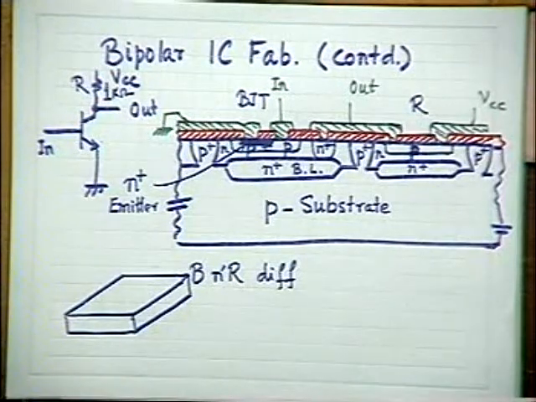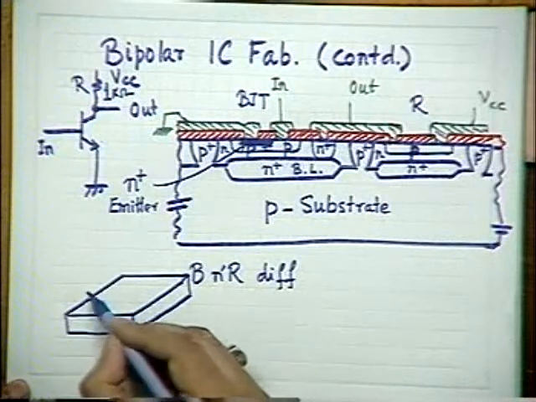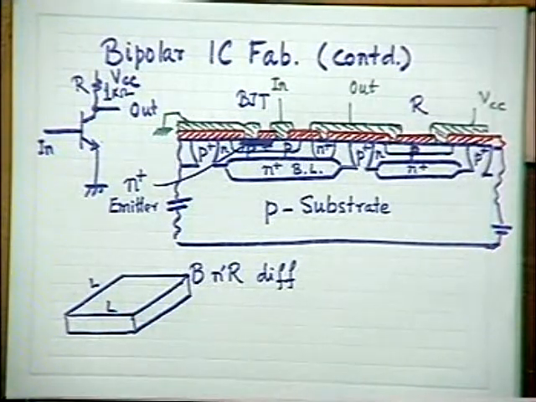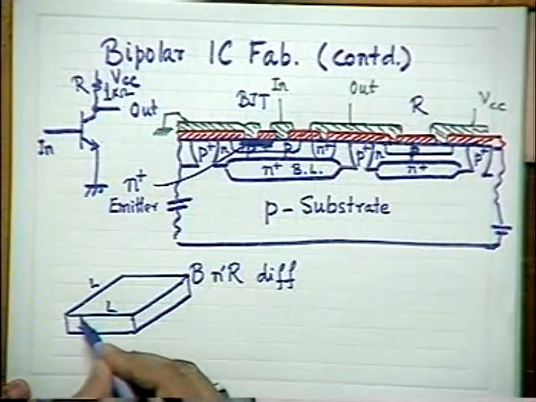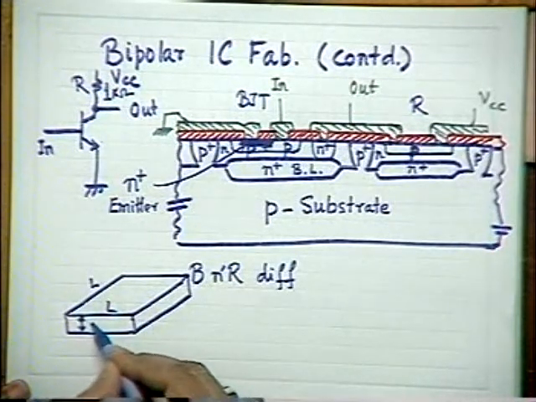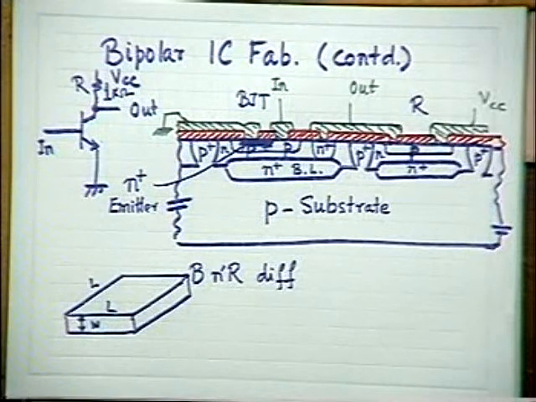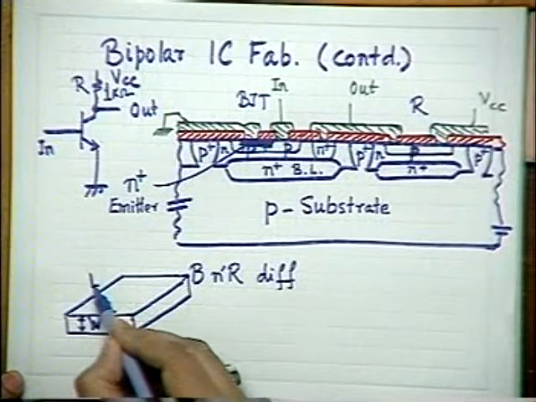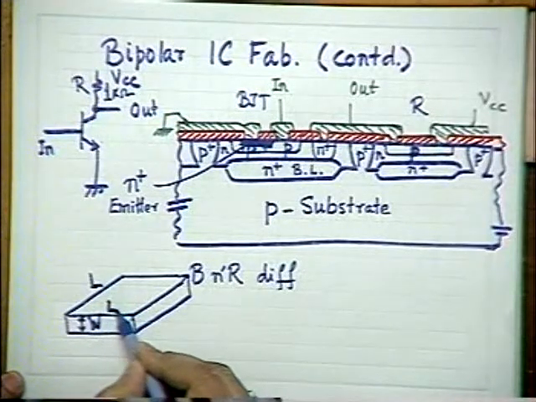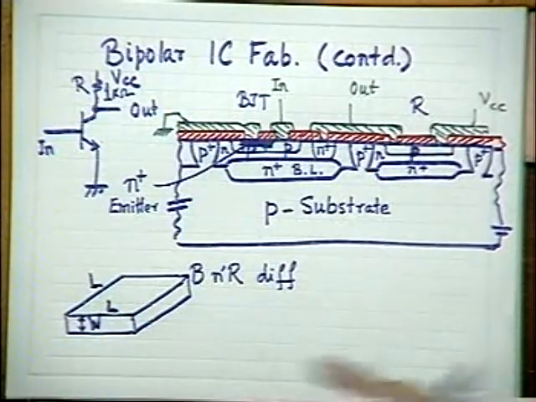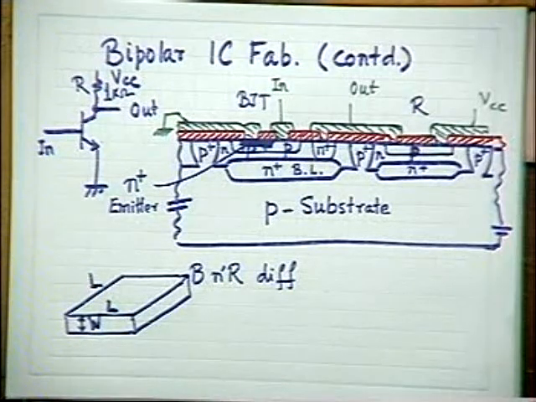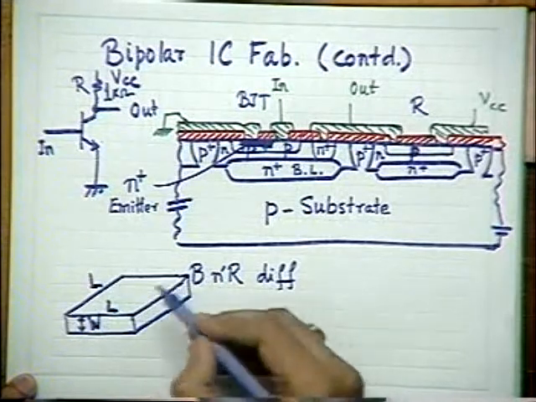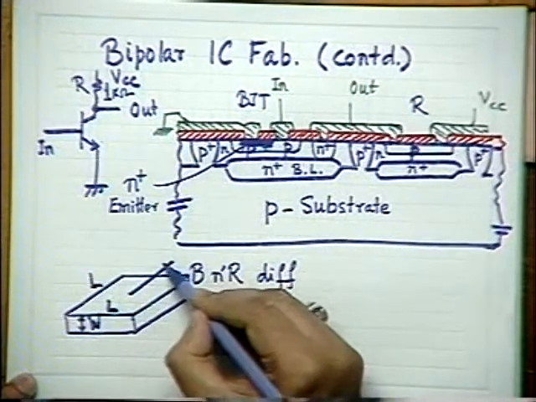So if we have a square sheet of length L and side is also L, and thickness may be some, say, W. This is length, the side is also length, L, both are L, because it is a square sheet. Thickness is W. And if rho is the resistivity of this sheet, what will be the resistance for current flowing in this direction?